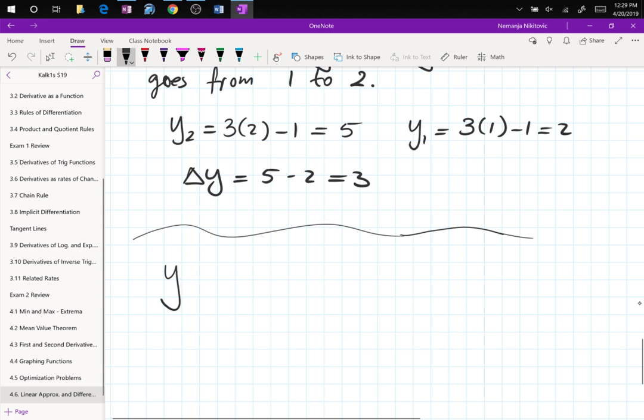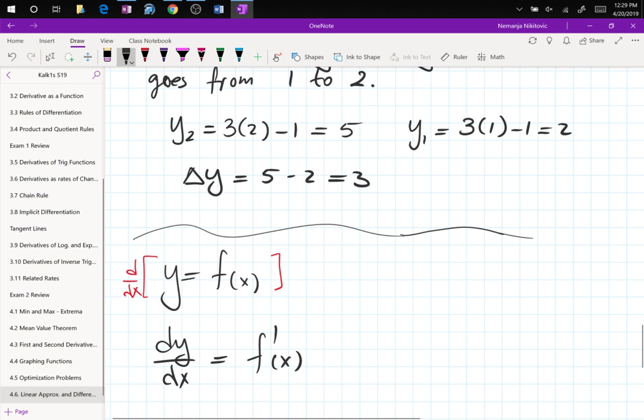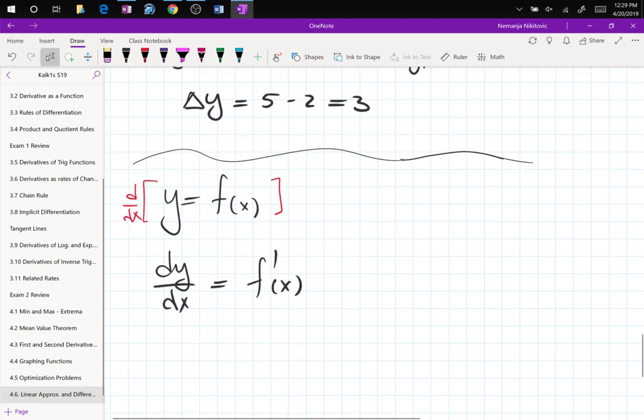To develop the formula for the differential, we write the function y equals f of x, from pre-calc, and then we take the derivative of it. On the left-hand side, you have Leibniz notation dy dx. On the right-hand side, you have modified Newton's f prime. So you have function equal to function, y equals f of x. That's the notation from pre-calculus.